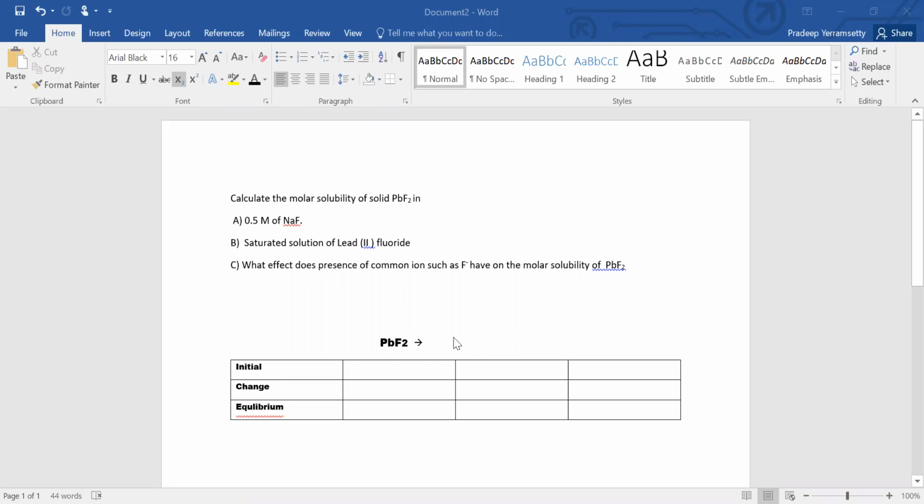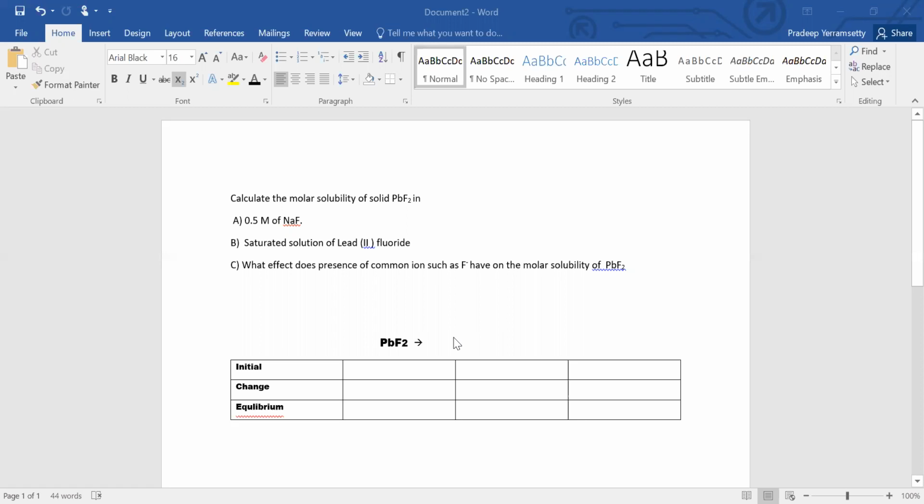All right, so can we solve for this? I want you to make a note of this problem, okay? Calculate the molar solubility of PbF2 in, first, 0.5 molar NaF, and then B is a saturated solution of lead fluoride.